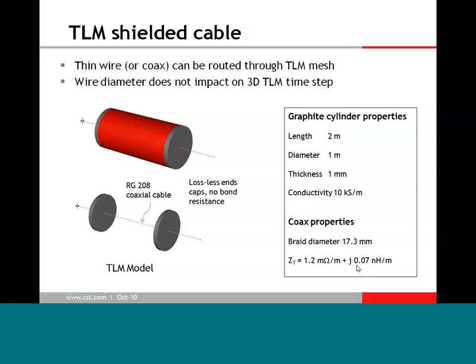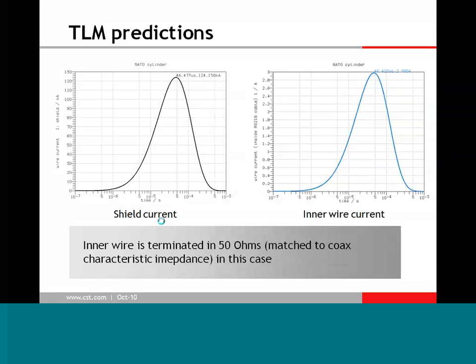And you can apply a transfer impedance to that thin wire, which allows you to solve for the inner wire current. So you can obtain the shield current and also the inner wire current. So this can be done directly within the 3D field solver. And Carl already mentioned that, so I don't want to labor on that point.